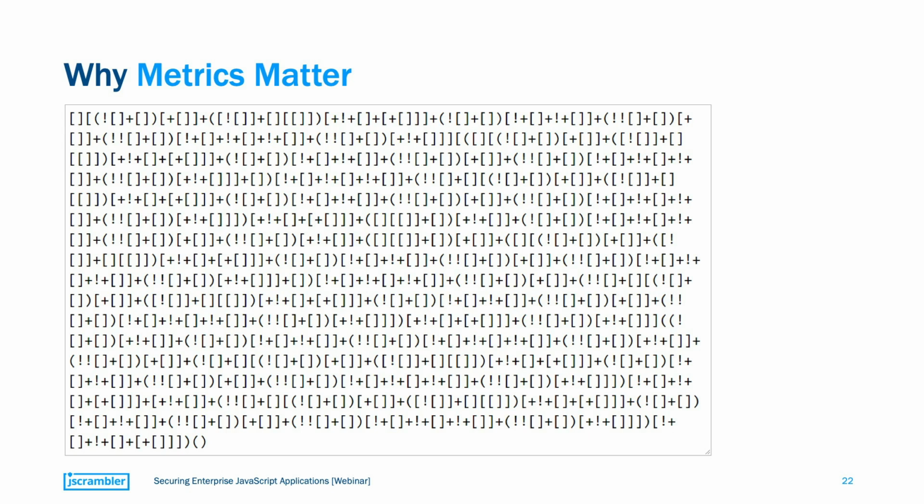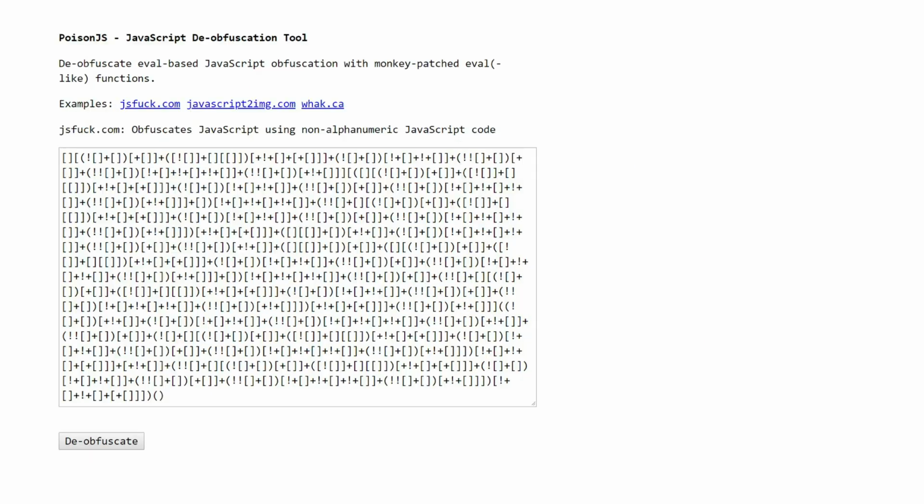It has almost zero resilience because it is very easy to defeat using an eval poisoning attack. So with this tool here, I can modify the eval function and it just dumps whatever goes through the eval. When I click deobfuscate, it returns the original code, which is simply alert 1. So we were able to defeat this obfuscation in a single step.